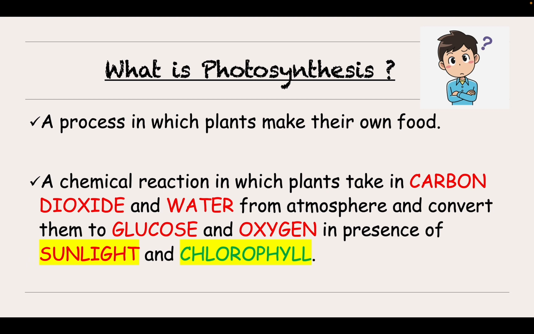So all of you can see here there are some words that I have highlighted. Carbon dioxide and water are the two things that plants need to convert them to glucose and oxygen. And what are the two essential things? Sunlight and chlorophyll. Without these two things, photosynthesis won't be possible.